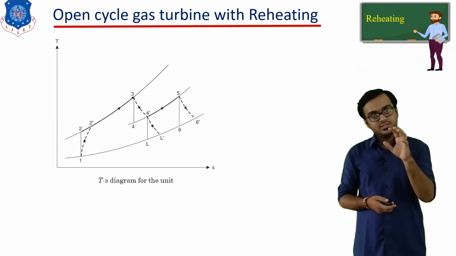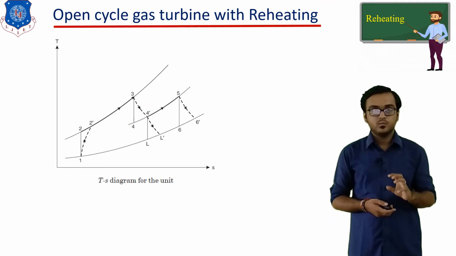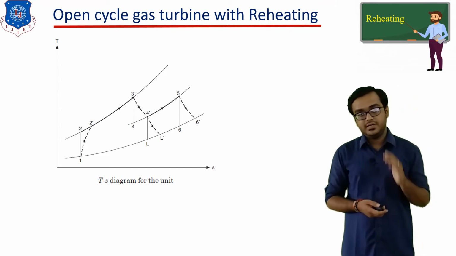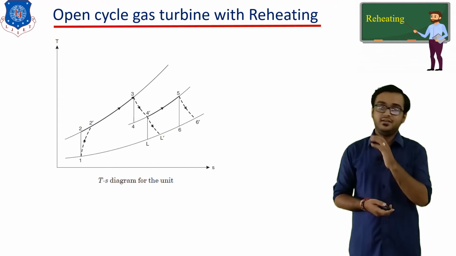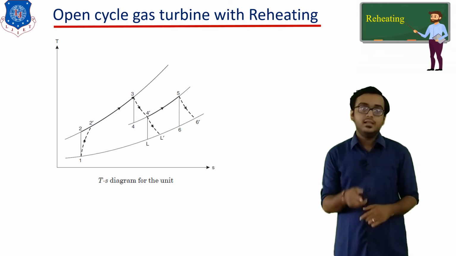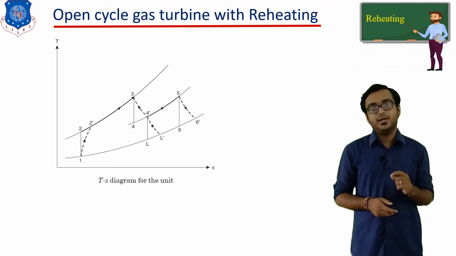Then after combustion chamber number 1, we have a high pressure turbine. In this diagram, 3 to 4 indicates the ideal expansion in the turbine during which entropy remains constant, while 3 to 4' indicates the actual expansion in the turbine.